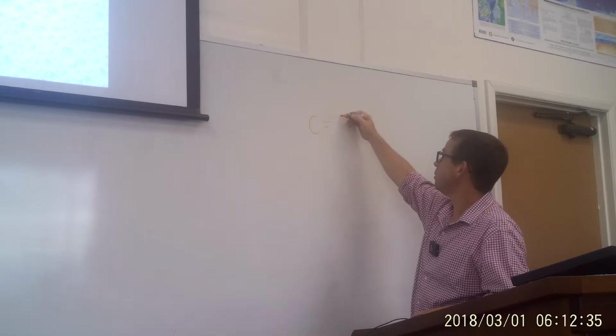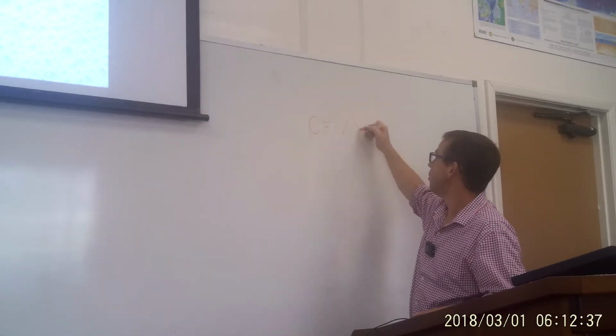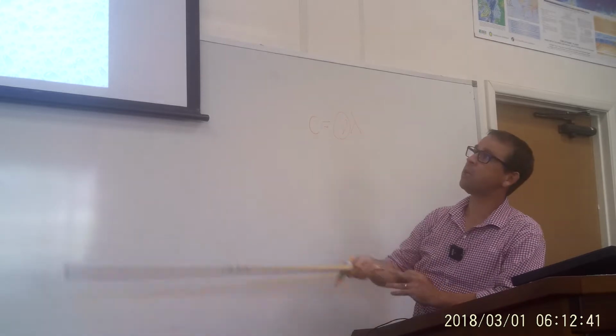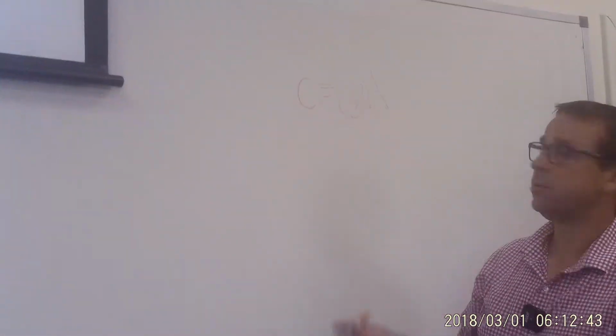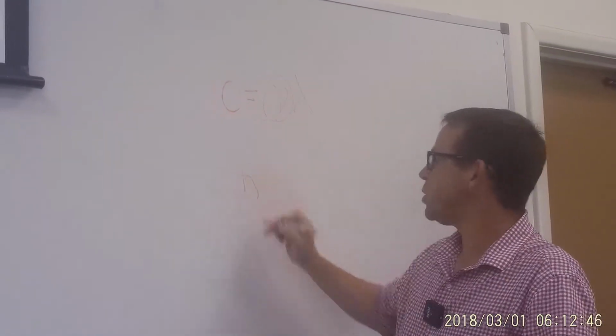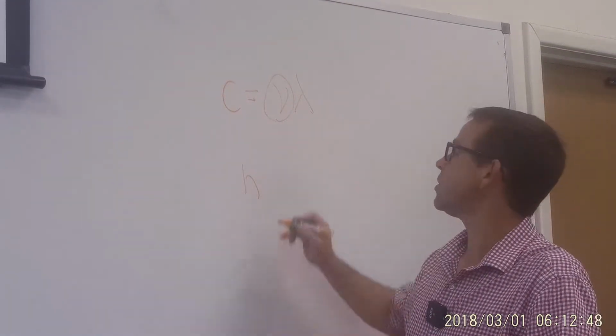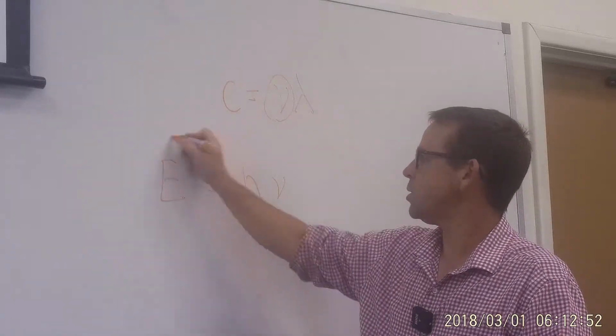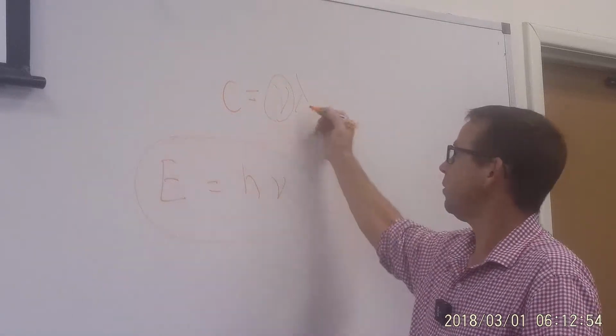So, can you identify what the frequency is given this wavelength, 450 nanometers? And then h, Planck's constant, which is on that previous slide, times the frequency will be the energy associated with that photon of light that has that wavelength.